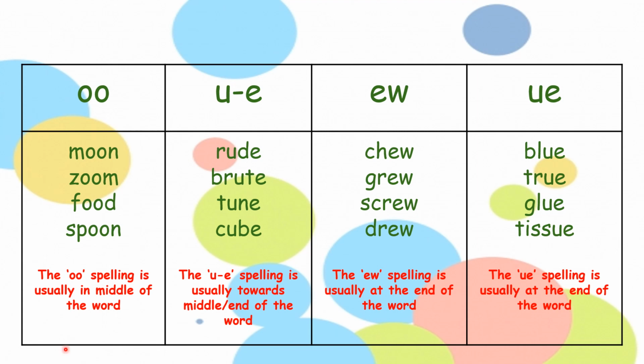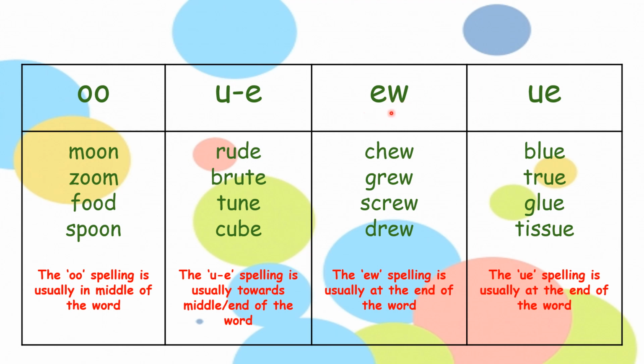Okay, so you may have noticed that the double O, the OO spelling for oo, is usually found in the middle of the word. You may have also noticed that the split diagraph oo sound is usually found in the middle of the word or towards the end of the word, as it's a split diagraph.